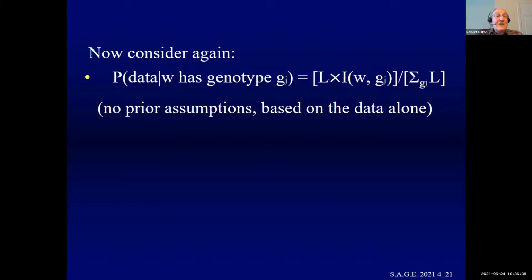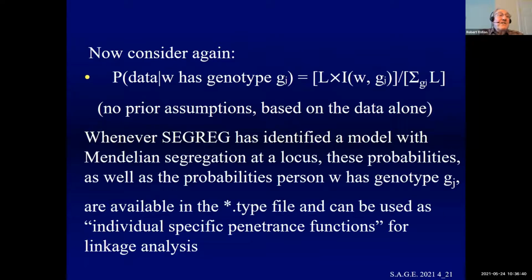And I must have agreed. So whenever Segreg has defined a model with Mendelian segregation at the locus, these probabilities, as well as the probabilities a person W has genotype GJ, are available in the type file and can be used as what we called individual specific penetrance functions for linkage analysis. So that's the history of it.